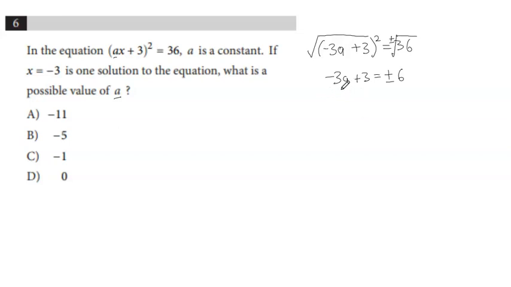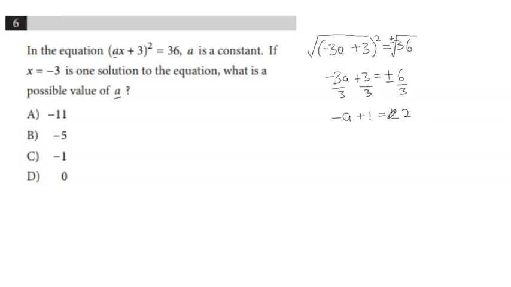And then we can see that 3 is a factor we can use to divide the equation. So if I divide each element by 3, I'll end up with minus a plus 1 equals plus or minus 2, right?